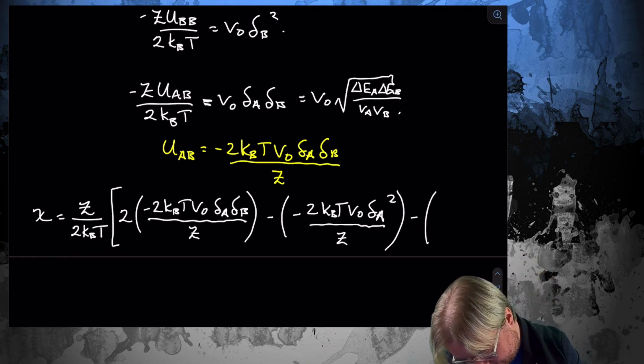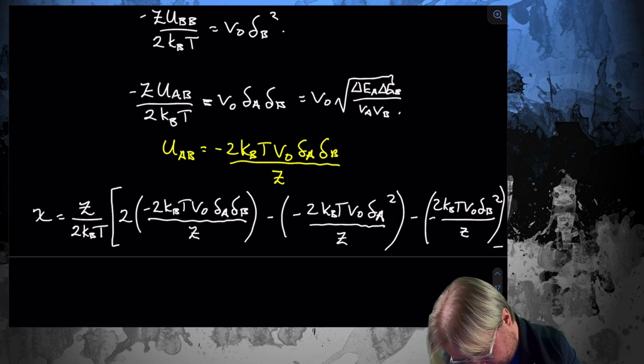So minus 2 kBT V0 delta B squared divided by Z with a minus sign out front.